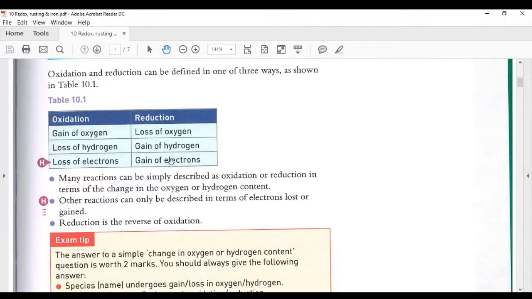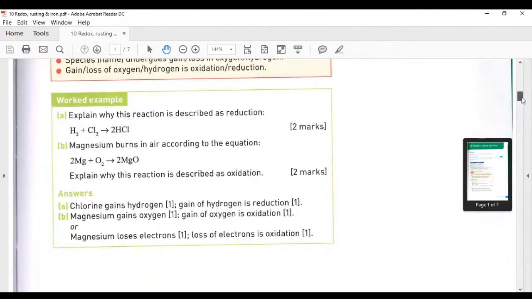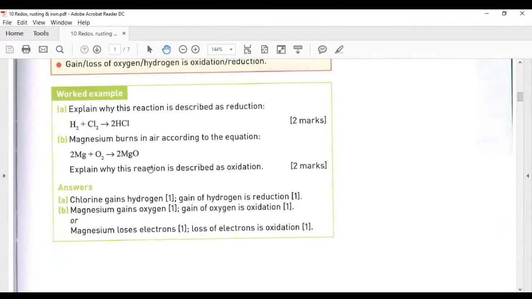Okay, and this is the higher tier one that we get to eventually. Okay, so you've got, right, so this is good. This worked example here: explain why this reaction is described as reduction. Now, I'm going to share my whiteboard for this.